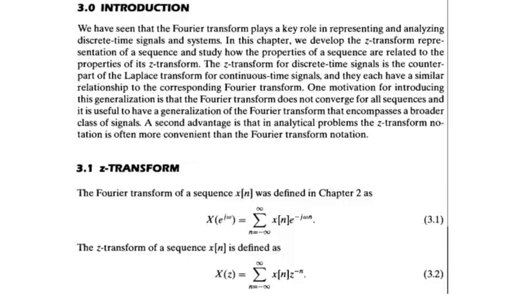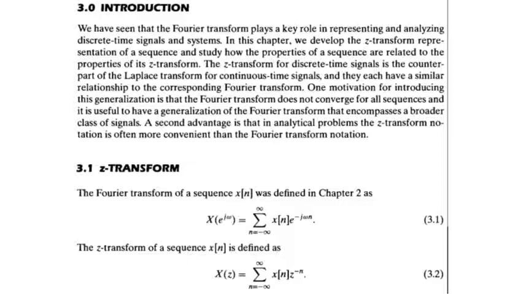Now if you compare equations 3.1 and 3.2, you will see that z is a complex variable and z is equal to e^{jω}. So z has two parts, magnitude and phase, because e^{jω} is in polar form. So z is a complex variable which has some magnitude and some phase.